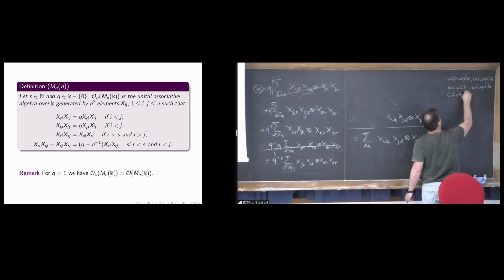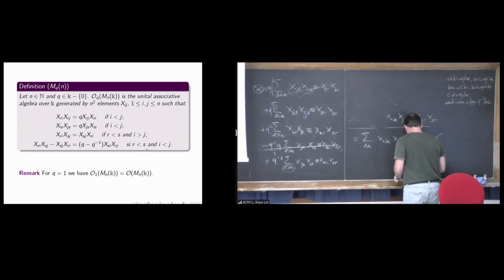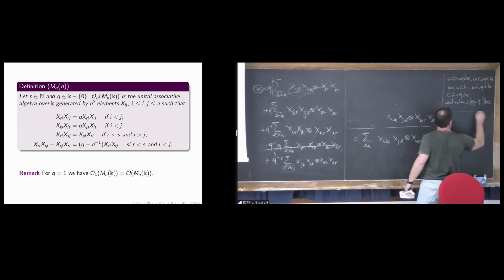CD is equal to QDC. And the last one, AD, that I used in the computation, but the problem was my minus BC. Okay. So these are the relations for 2 by 2.